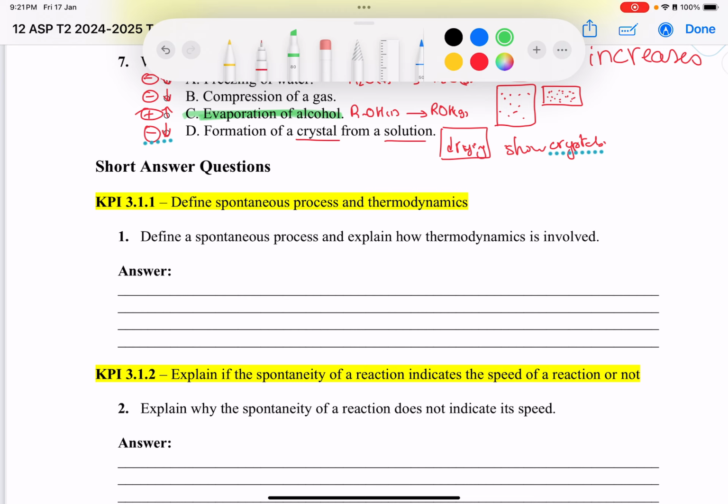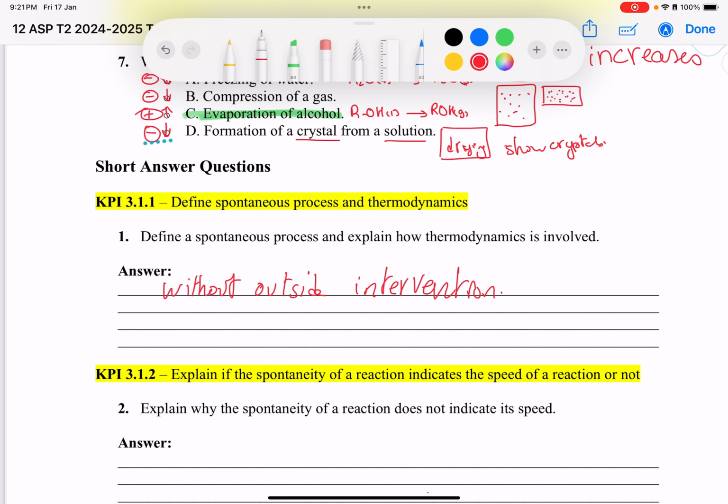Okay. Define a spontaneous process and explain how thermodynamics is involved. A spontaneous process will occur spontaneously without any outside intervention or any energy input.